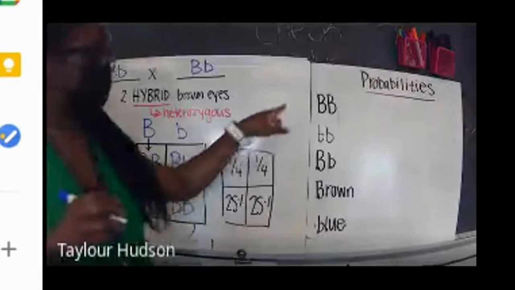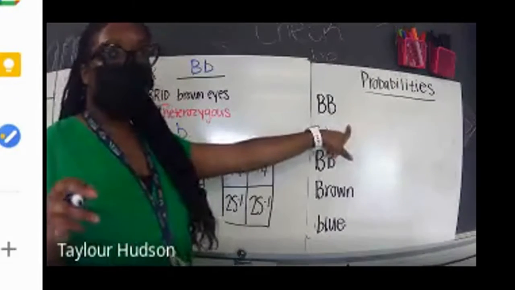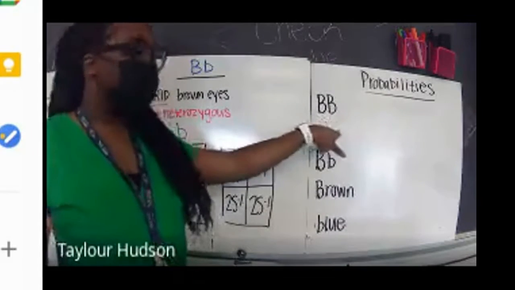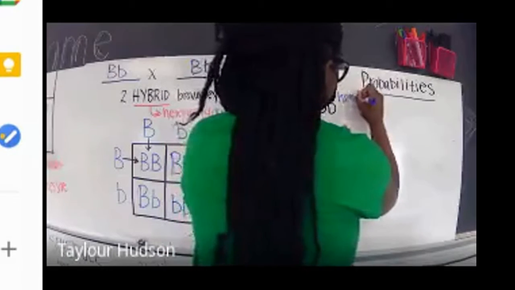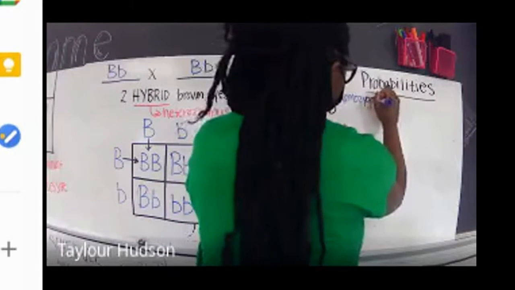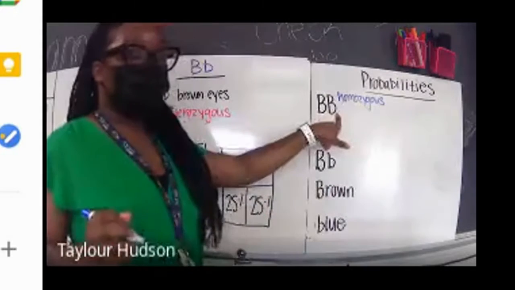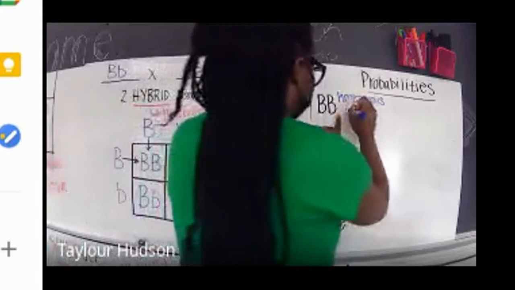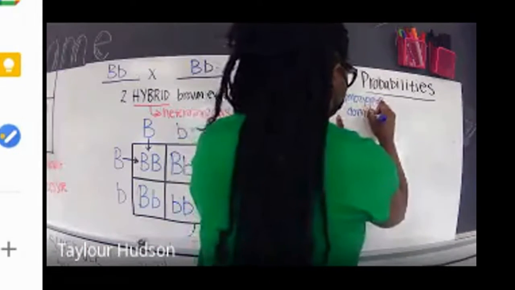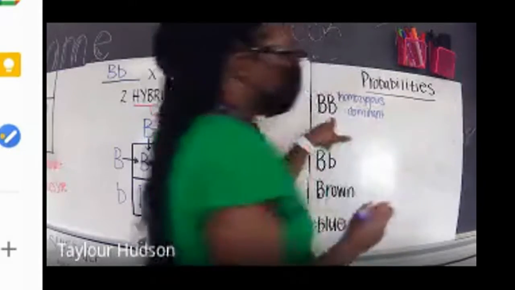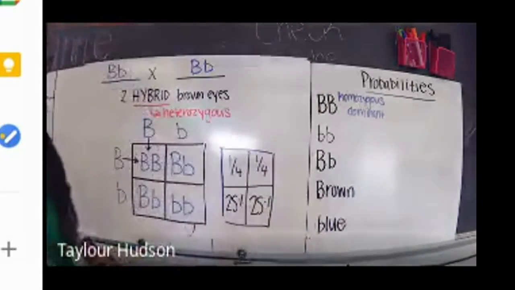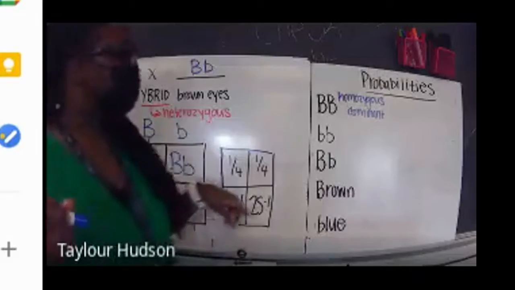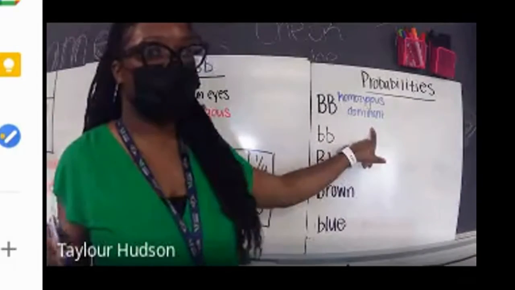Now, there's a fancy word for two uppercase B's. It's the same alleles, so it's homozygous. But they're two uppercase letters, so they'd be dominant. So you would call this genotype homozygous dominant. What are the chances that they're going to have an offspring that is homozygous dominant for this trait?